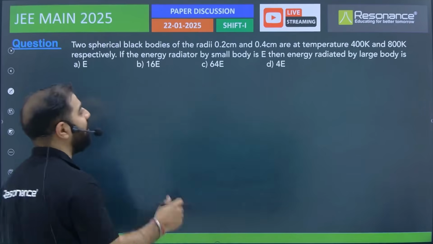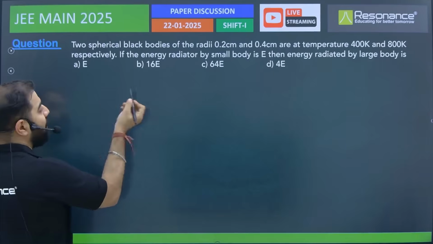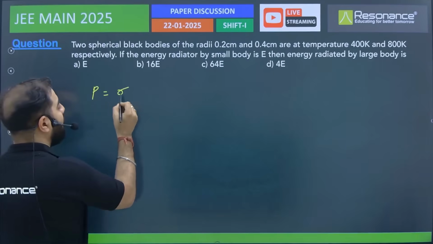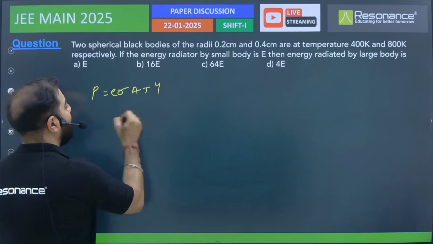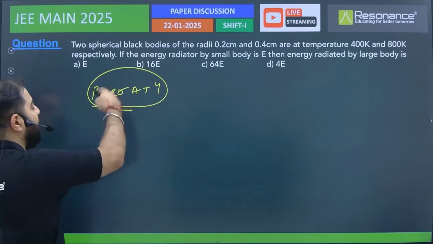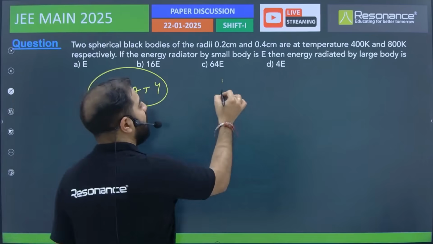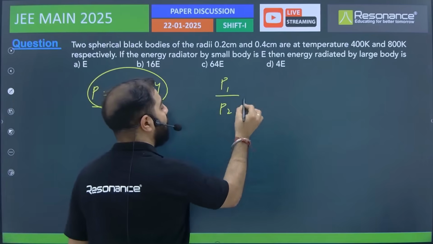And obviously the basic formula which we know is power is equal to E sigma A T to the power 4. Emissive power means the amount of energy radiated per second is E sigma A T to the power 4. So from this we can easily go for the relation.